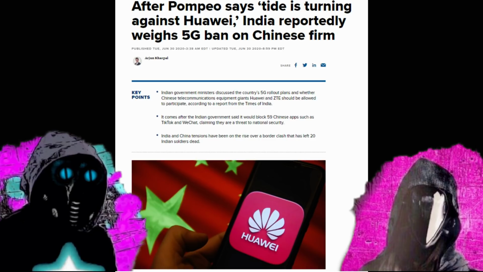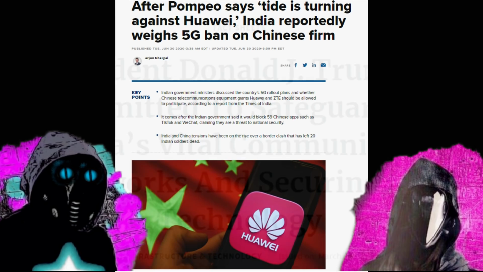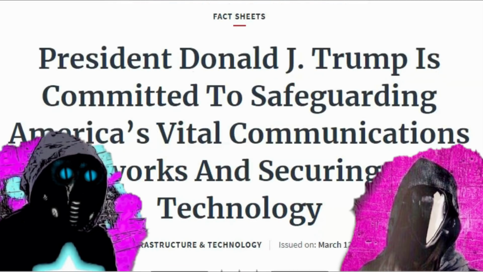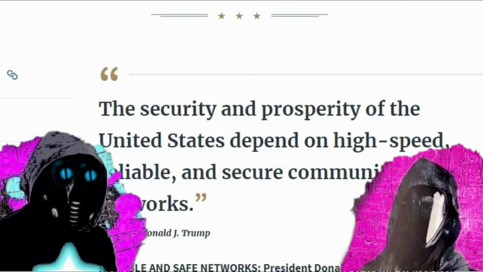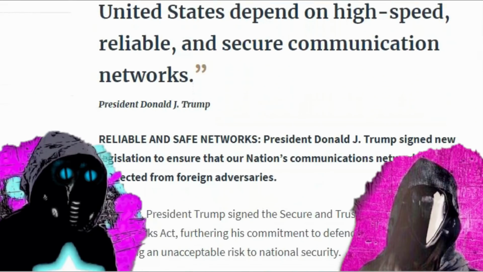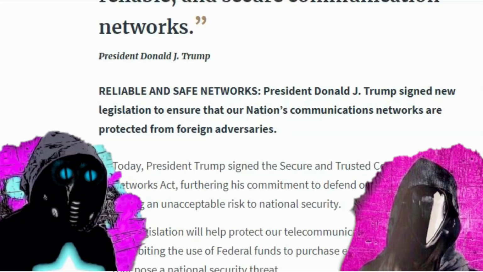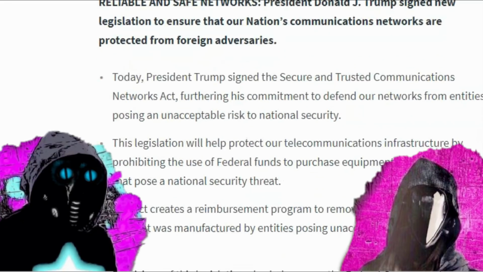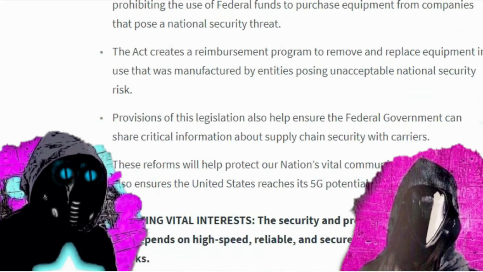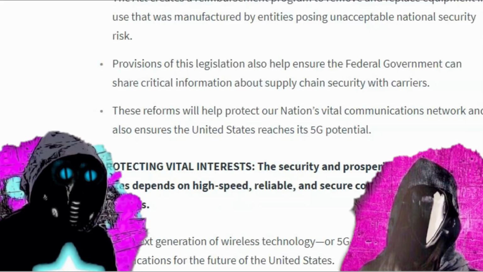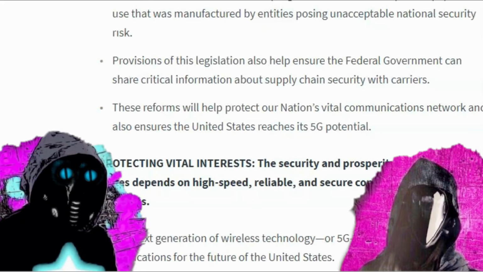But this is the reason for the Trump administration's 5G initiative. There's basically an arms race going on right now to see who will be the next economic and technological superpower, and it rests on the back of this 5G infrastructure, does it not? Hmm. I think it does. I can't see any other reason why they're trying to roll this out so fast. Of course, corporations are going to have their hand in the pie too.